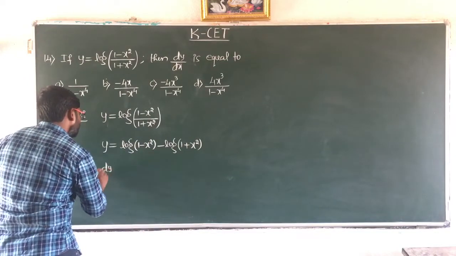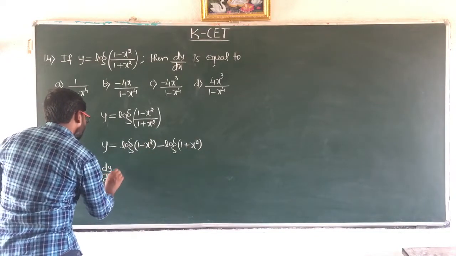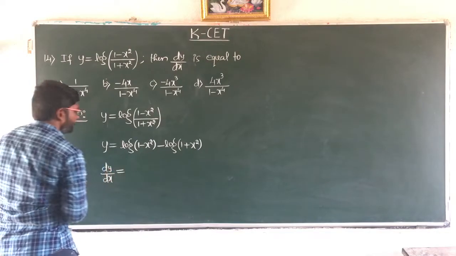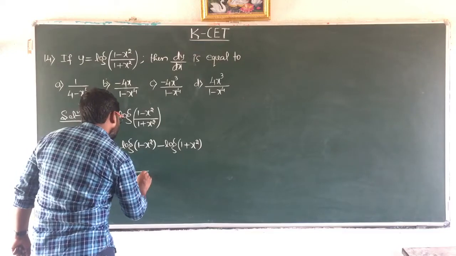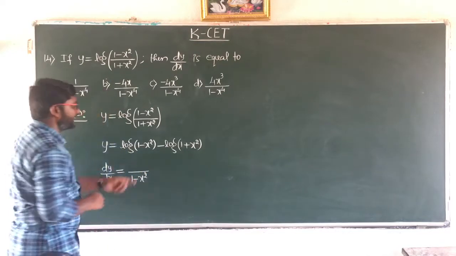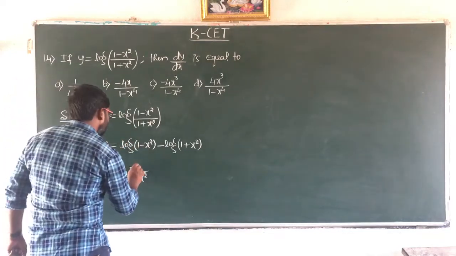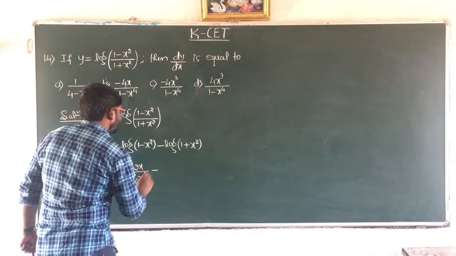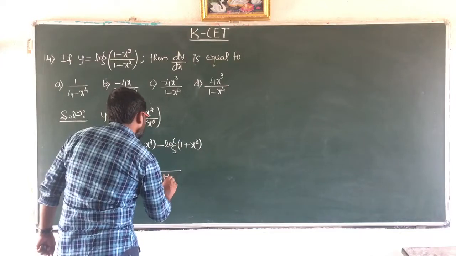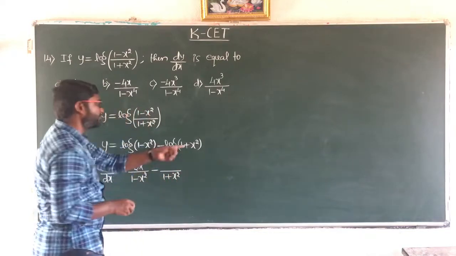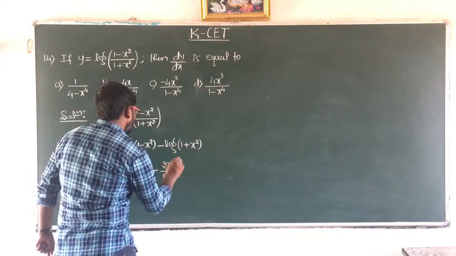We get dy by dx equal to 1 divided by (1 minus x square), and the derivative of the inside function gives us minus 2x, then minus, log of 1 plus x square will be 1 by (1 plus x square), then the derivative of 1 plus x square gives us 2x.